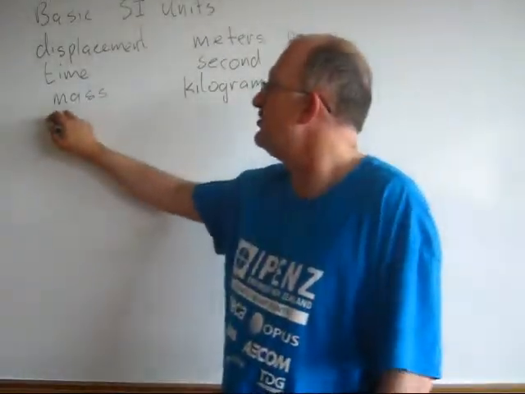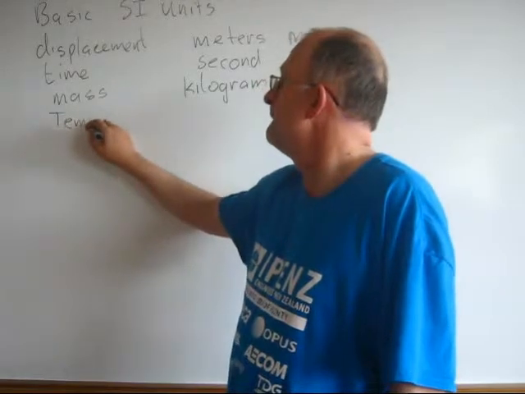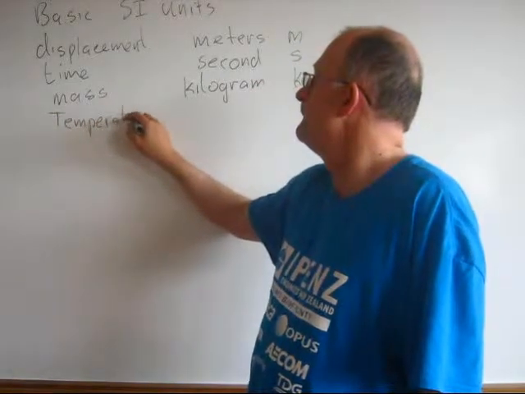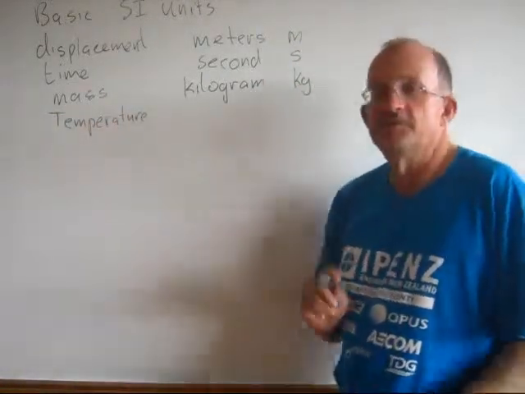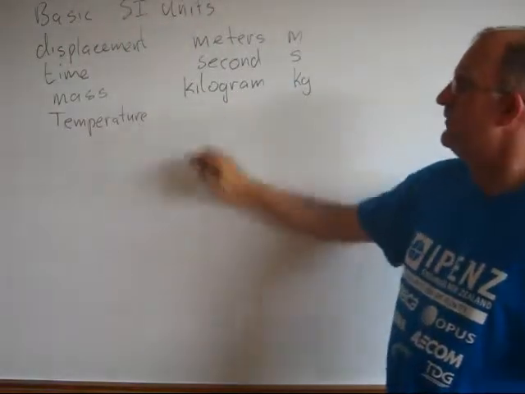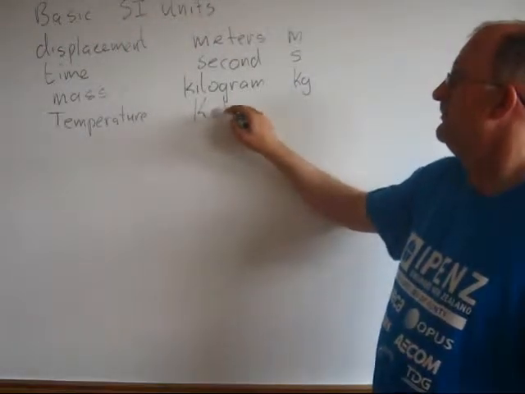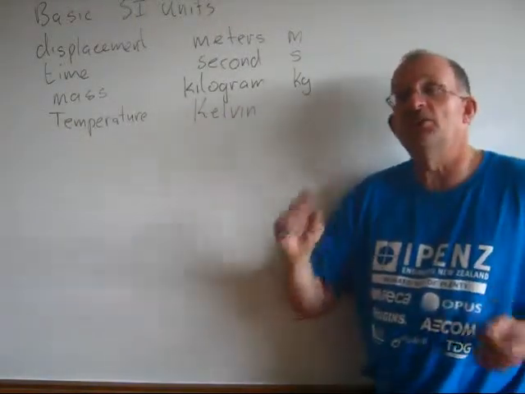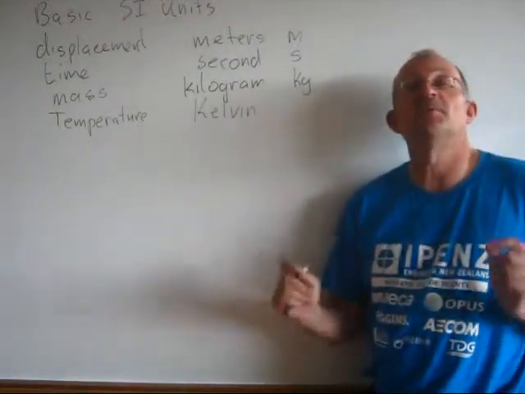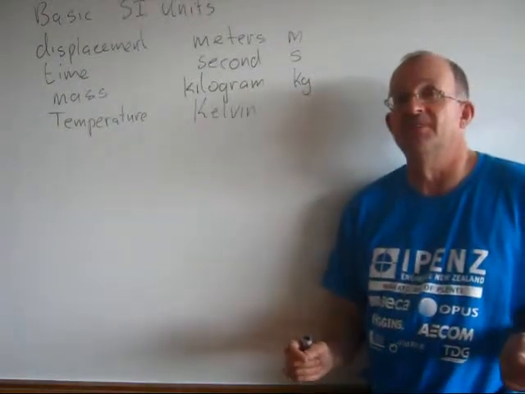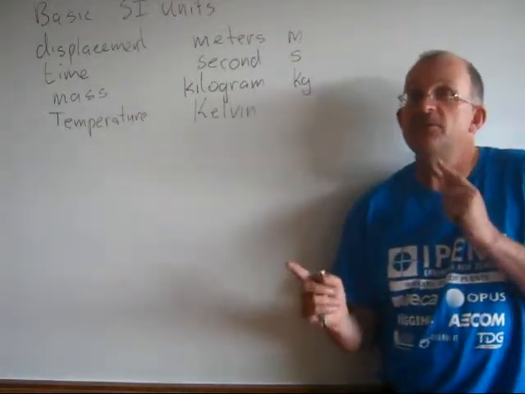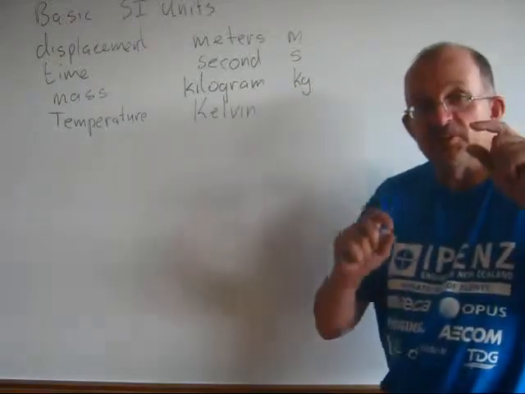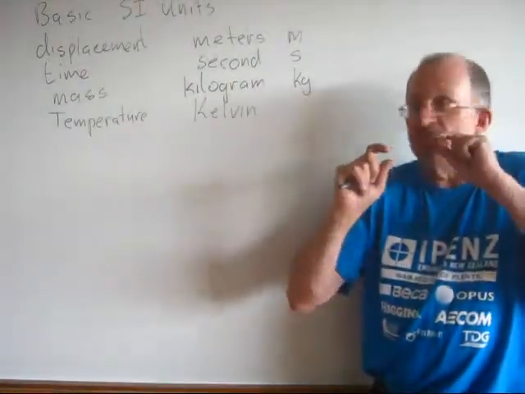We have temperature. Okay. And temperature is measured in Kelvin. Now, the difference between Kelvin and Celsius is where you start measuring from, where you measure 0 from. A change of temperature of 1 degree Kelvin is the same as 1 degree Celsius.